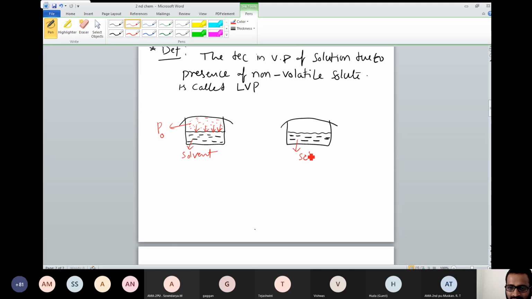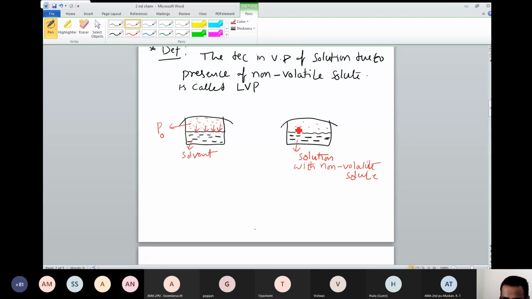Here you have the vapors of the solution, in red color. But the vapors are very few here. Why are the vapors very few here? Which kind of solution is this? A solution with a non-volatile solute.